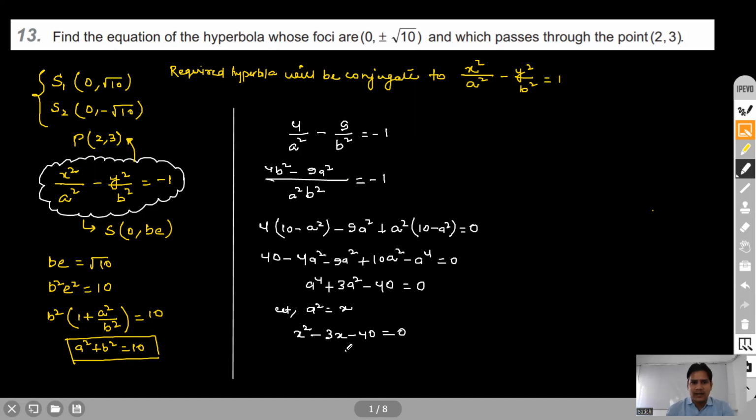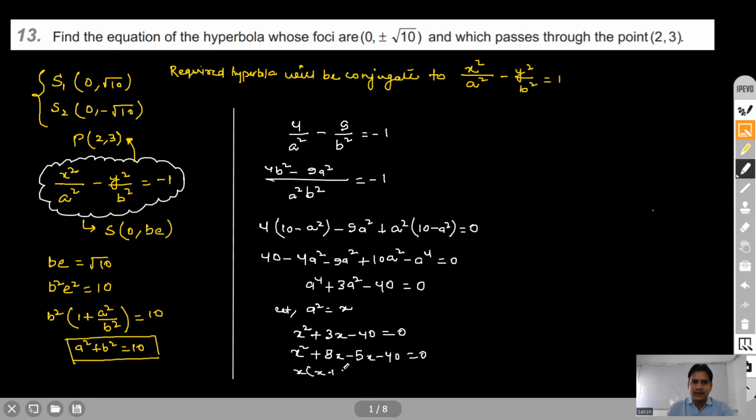Now split the middle term and it will be further factorized as x square, okay, this will be minus 3x, no? So 5 and 8, right? So x square plus 5x minus 8x minus 40 equal to 0.